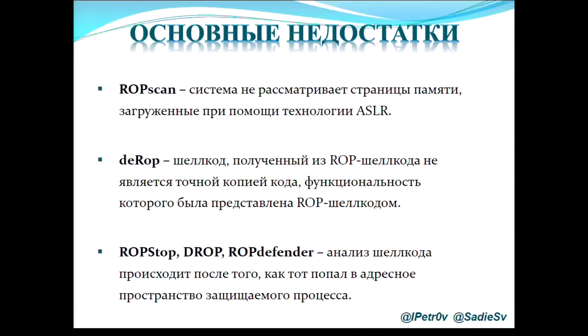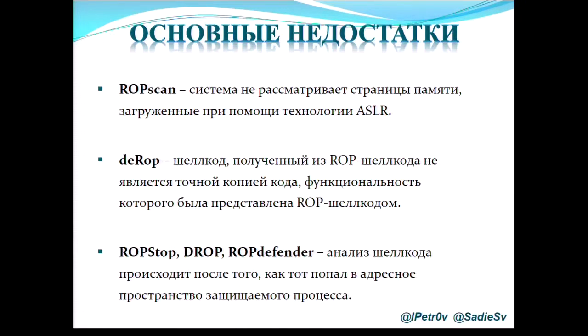There are methodologies of getting around these methods of protection, and we can give an example. For example, in a program, there's a memory leak. The attacker can exploit it and discover the address of a certain library function. By using this address, he can calculate the shift on the basis of which the process was allotted a certain library, and by this, he can use this library as the source for the ROP shellcode addresses.